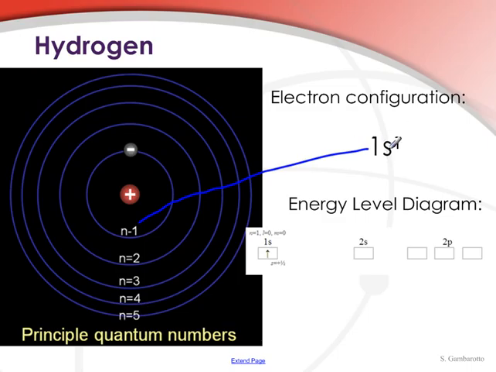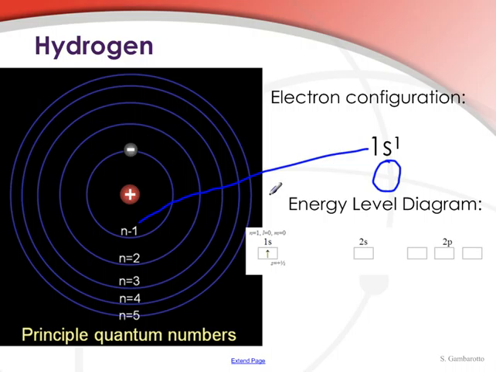The S means that that electron is in an S subshell, so that means this electron is in a subshell that is in the shape of a sphere. That's what your S tells you. This 1 here means that there is just 1 electron in that orbital. The reason why we know that is because hydrogen only has 1 electron.